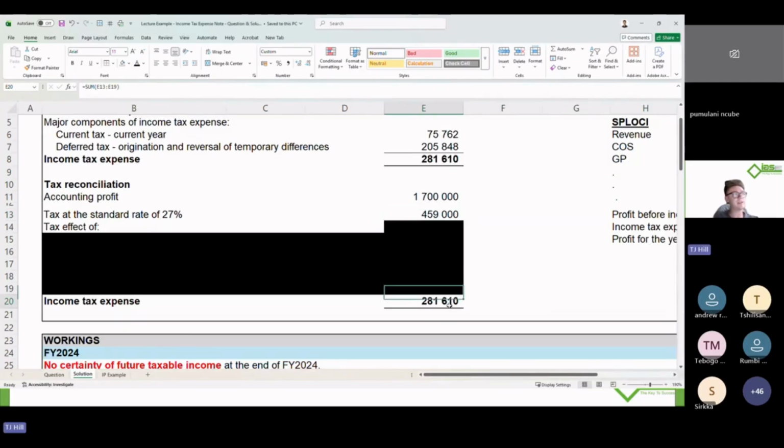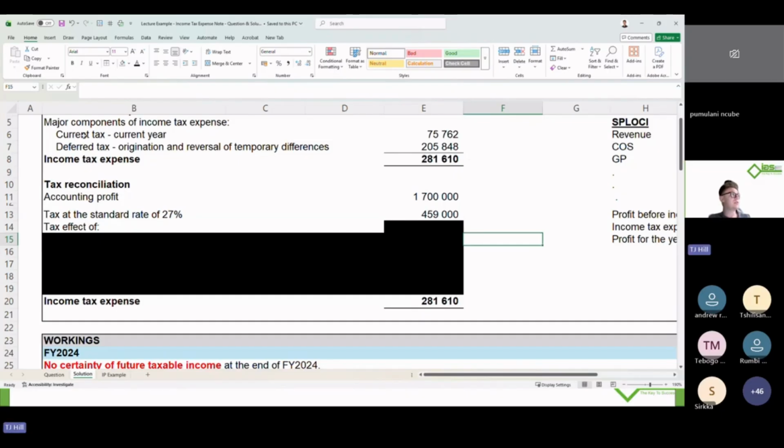So why is the difference? Some of it you can say is from a permanent difference. What does a permanent difference mean? It means it is a difference between your accounting profit and your taxable income that will forever be a difference. It will always be a difference, meaning the two will never coincide. Why a permanent difference?